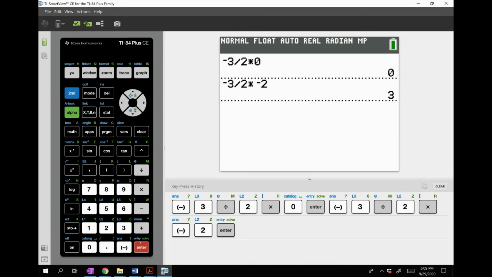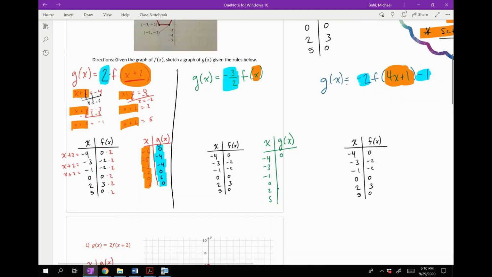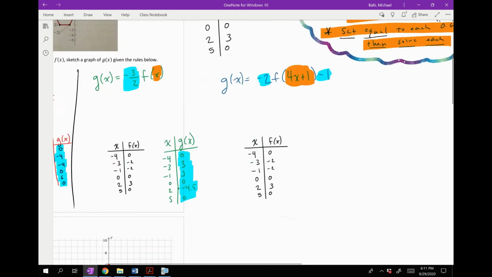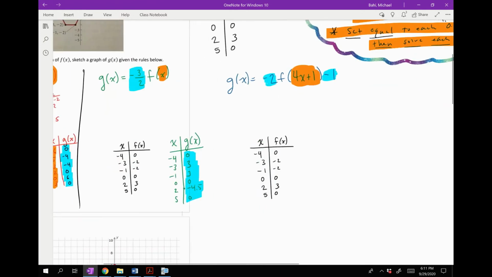Okay. And then just do that for all of them. And then 3, and then 3. So again, with these, I'm only multiplying the y values. All right, so I have the table for this, and I think you guys can figure out the graphing part, so I'm just going to go ahead and jump right into doing this last problem.